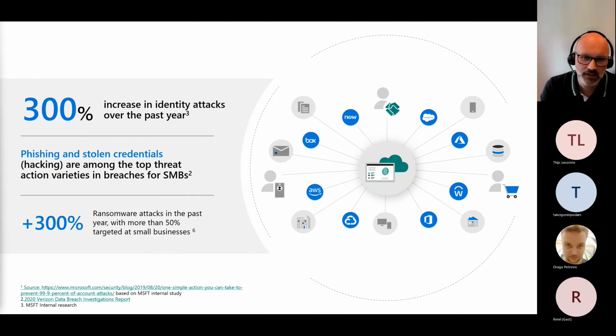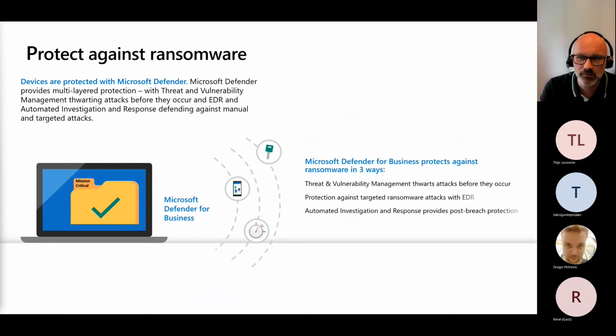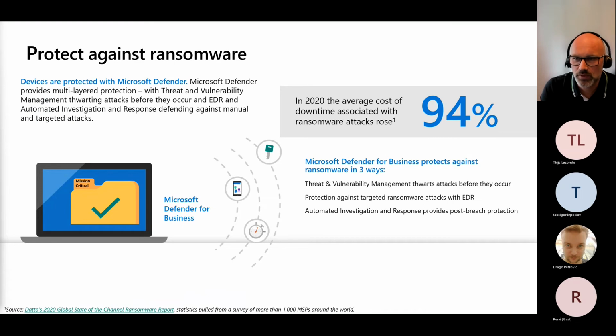So Microsoft has had the Defender for Endpoint suite for a long time, and last year around this time at Ignite, they introduced the newer version of Defender targeted the small business segment, called Defender for Business, which is here to help these businesses protect against ransomware, give them some tools where we can better see the threat and vulnerabilities that is targeted our business and the segment we are in and our end users and the devices we have, and also to give us some protection against the ransomware attacks in terms of endpoint detection and response capabilities built into the client and the products here.